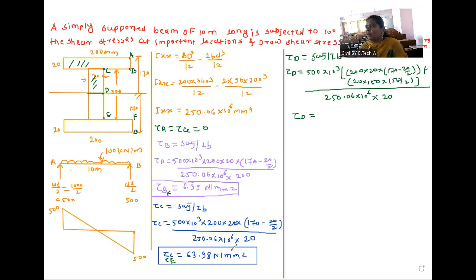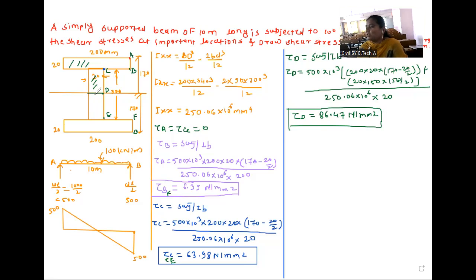Yes, those students attending online, please calculate the value and tell me tau D. 86.47, okay, please check. Did any other students get the same answer? 86.47 Newton per mm square. So this is the shear stress at the neutral axis, or shear stress at D.